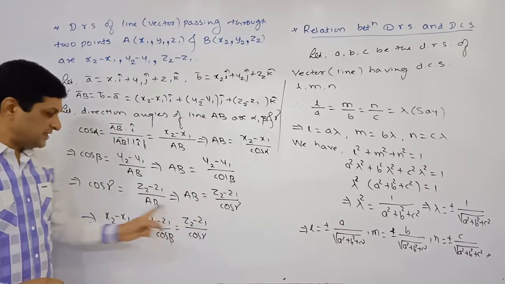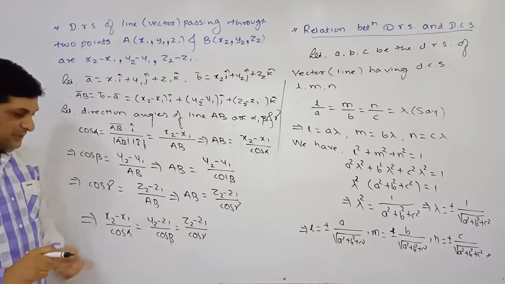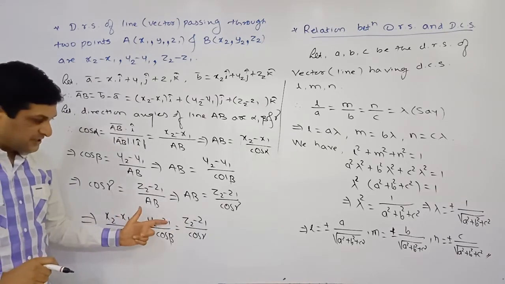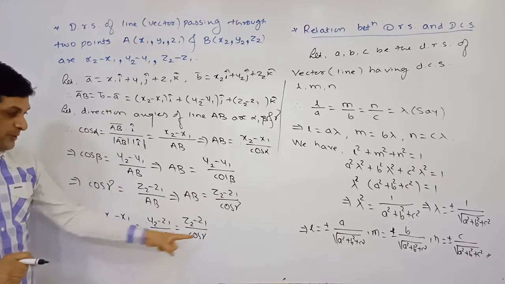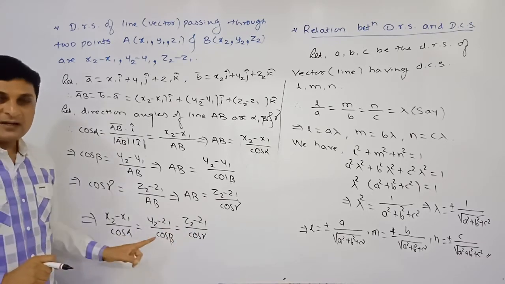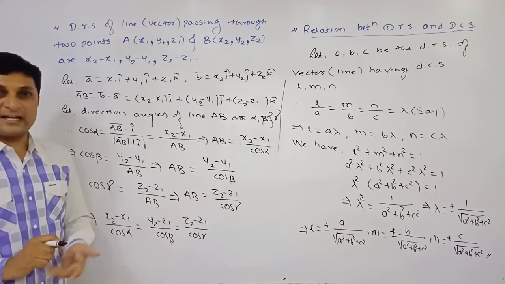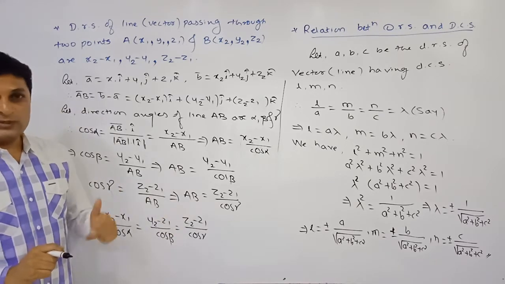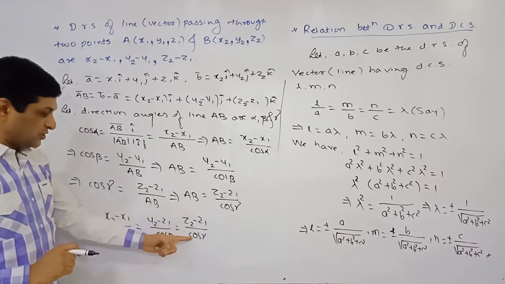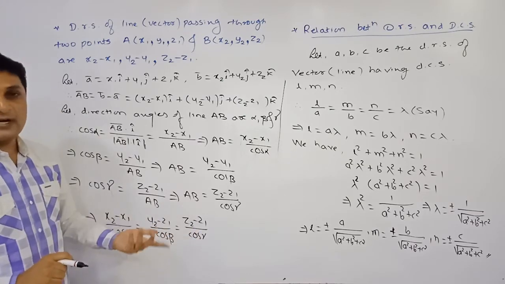Now, if you observe this expression very carefully, the values in the numerator are proportional to what? Cos alpha, cos beta, cos gamma. What are cos alpha, cos beta, cos gamma? Direction cosines. And we know that any three numbers proportional to direction cosines are called what?